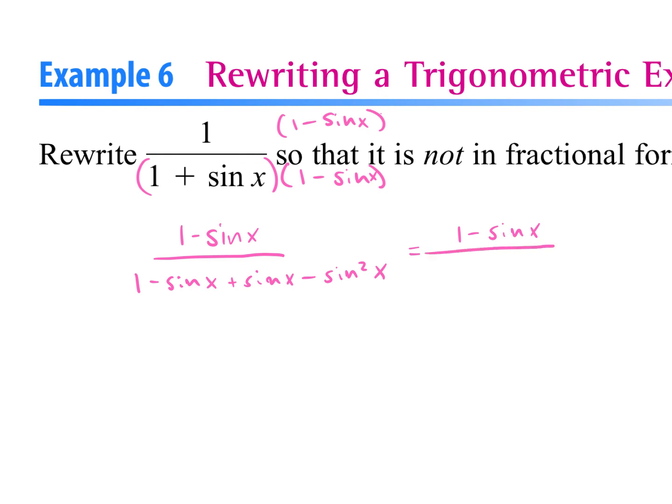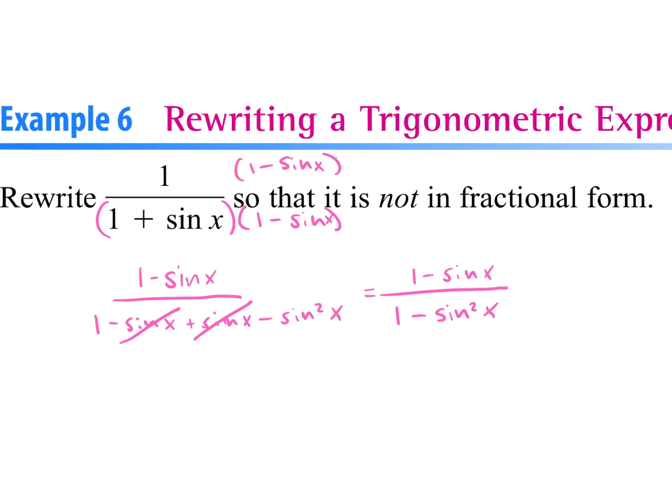Now I can simplify this a little bit more. Combine the like terms. So negative sine plus sine cancels. So it's 1 minus sine squared on the bottom. Now I have a 1 and a trig function squared. So that tells me I'm probably going to have to use one of my Pythagorean identities. What's my Pythagorean identity that has a sine squared?